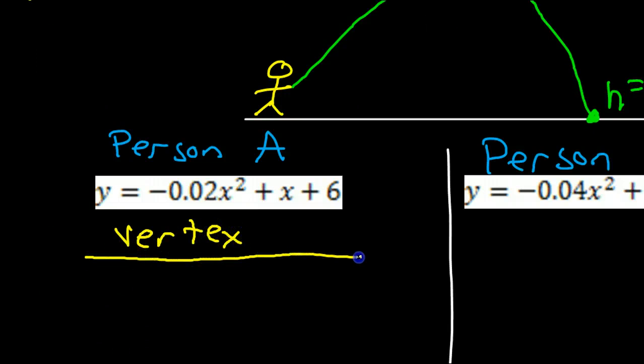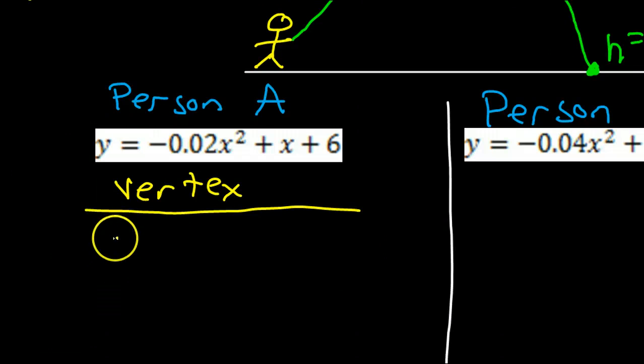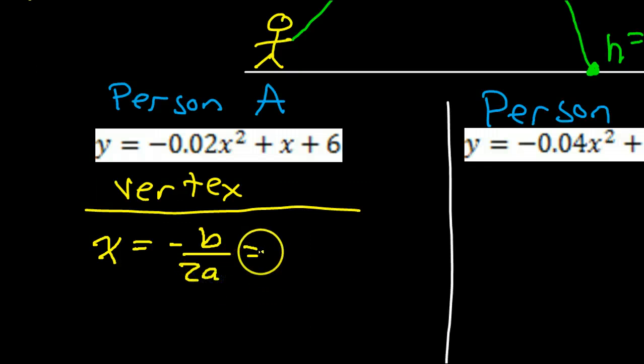Okay, so again, we're trying to find the vertex now. Alright, so if I want to find the vertex for person A, I'm going to find the x value by doing the opposite of B over 2A, like we said.